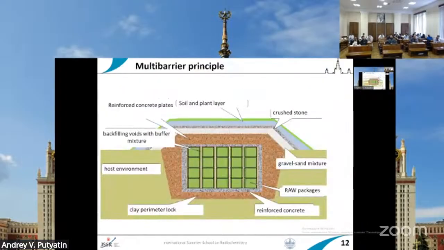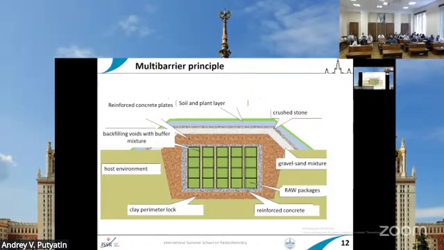So it is the representation of the multi-barrier principle for this subsurface or near-surface disposal. We have our waste packages. There is a filling or buffer material between the waste packages. It is, of course, the layer that avoids the water penetration inside the disposal.